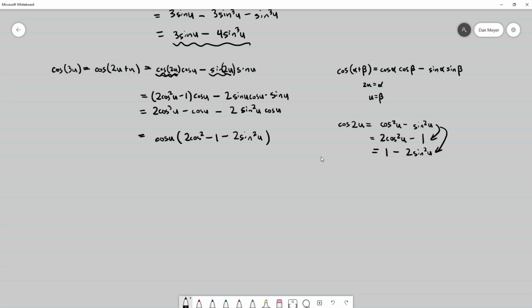And as soon as I see this 1, I immediately think maybe if I replace that with the Pythagorean thing, I might get something interesting. And I think we do. Let's do that. Cosine u times 2 cosine squared u, minus cosine squared u plus sine squared u. I'm going to replace 1 with cosine squared u plus sine squared u.